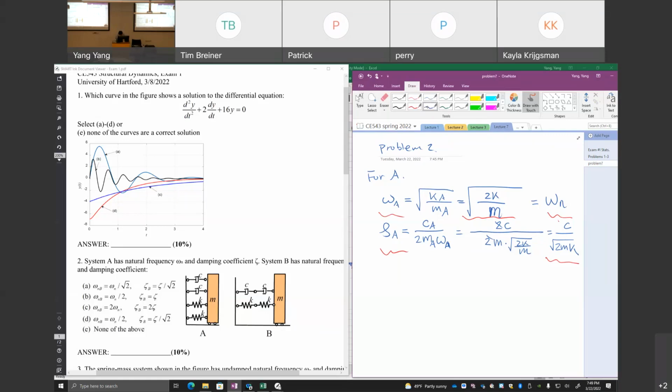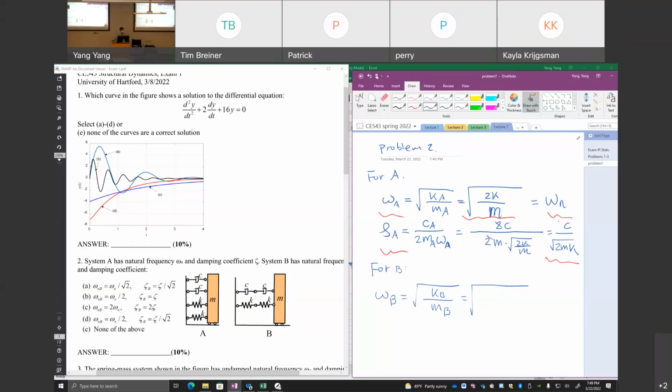So next step, we can calculate for B. For B, omega B should be equal to the square root of the stiffness over the mass. What is the stiffness for system B?